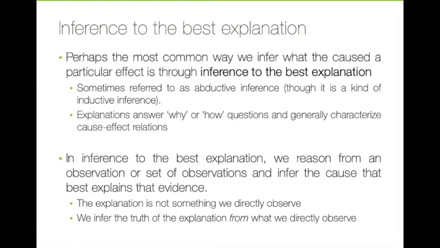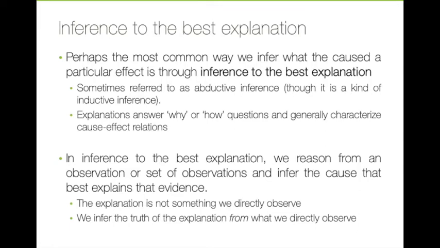And that means that in inference to the best explanation, we have an observation or set of observations of effects and infer the cause that best explains that evidence. So the explanation is not something we directly observe.